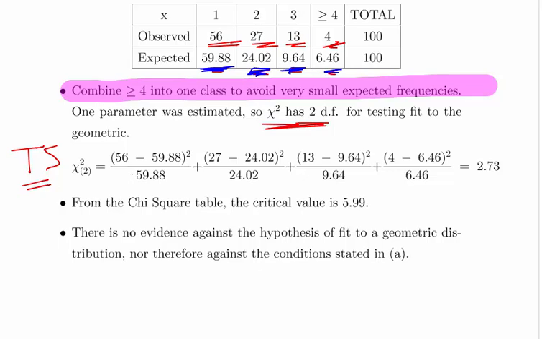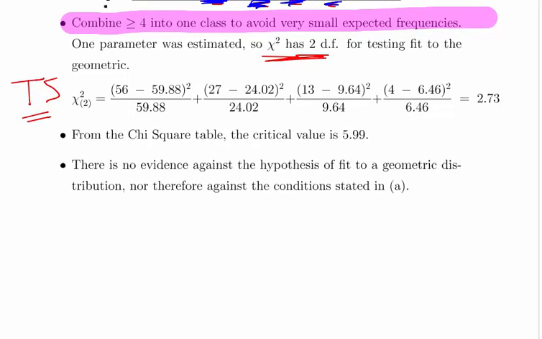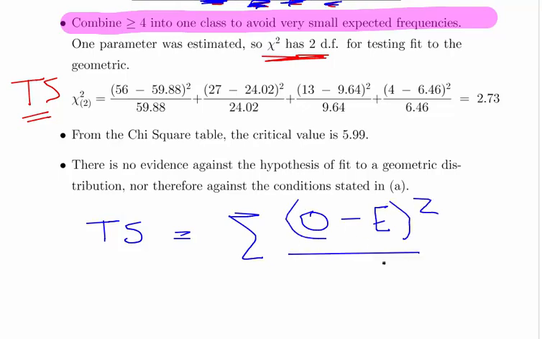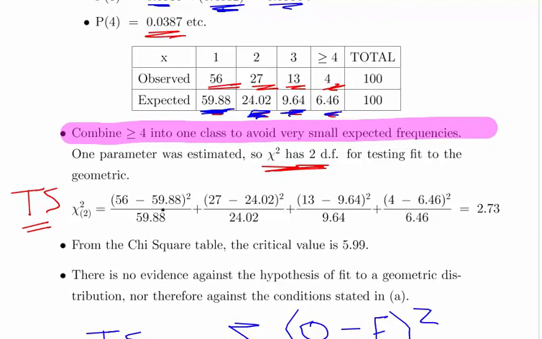I'll just remark upon the test statistic down here. It is the sum of the observed minus the expected, squared, all over the expected. Okay, and you sum them up for each cell. So 56 minus 59.88, square that and divide it by 59.88, and so on.